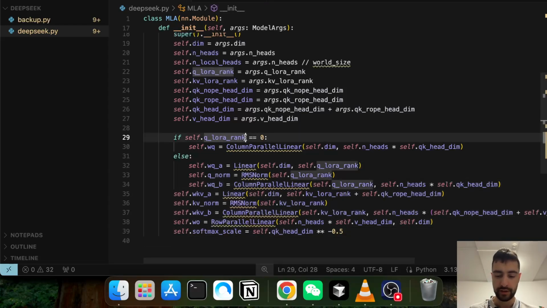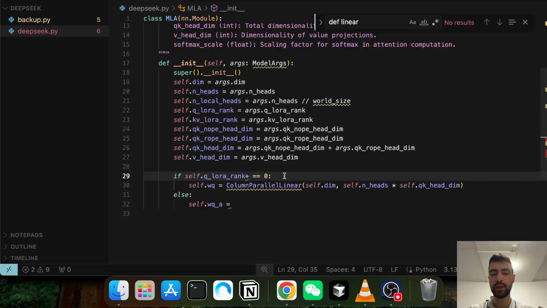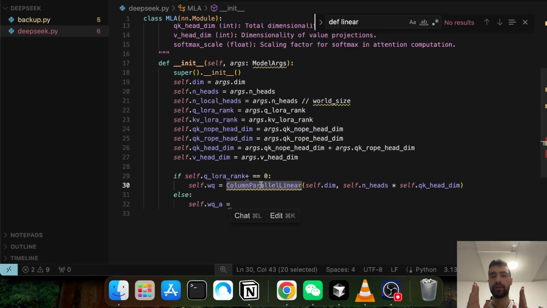Before we continue, let me just explain this column parallel linear. This will act the same as a linear layer if we have just one GPU. But if you have multiple GPUs, then while it's generating a vector, it's going to split and generate part of that vector on each GPU.